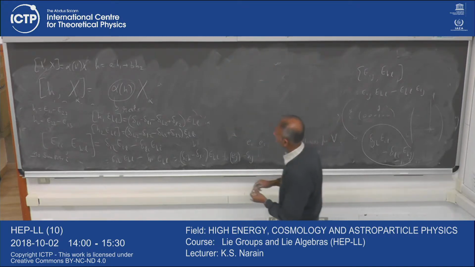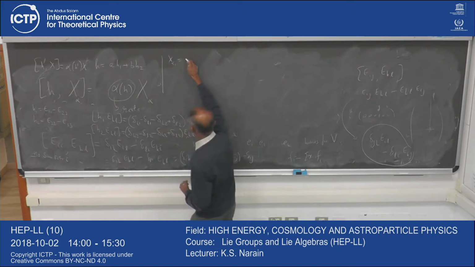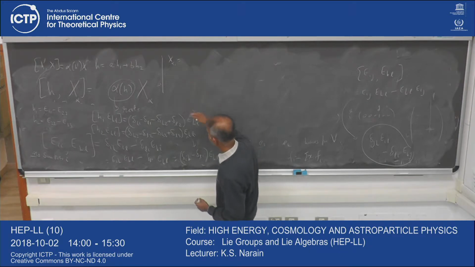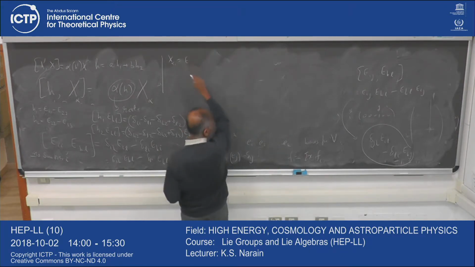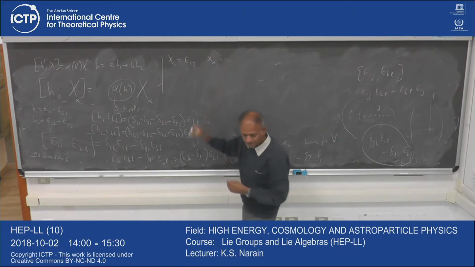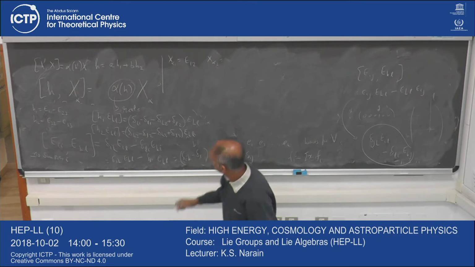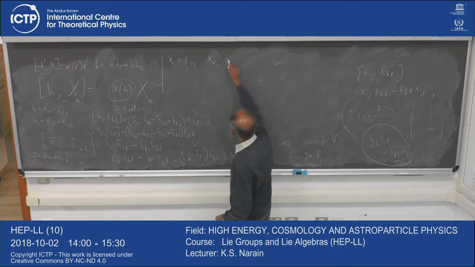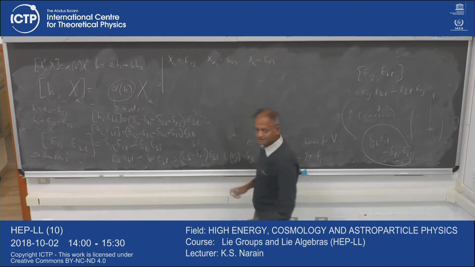Okay, so our notation was, we called X alpha 1, okay, X alpha 1 in our notation was E12 I think, X alpha 2 was E23, and X alpha 3 was E13, right?